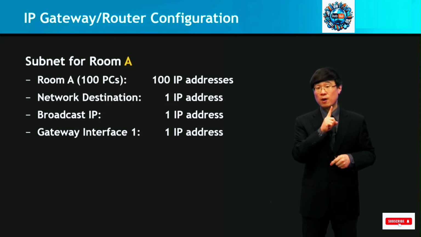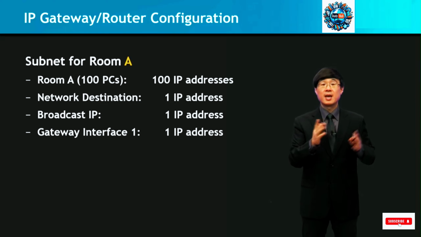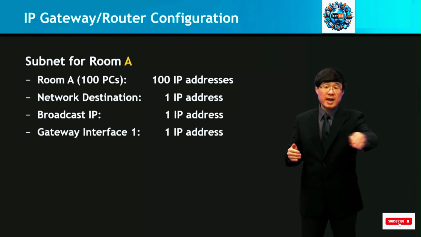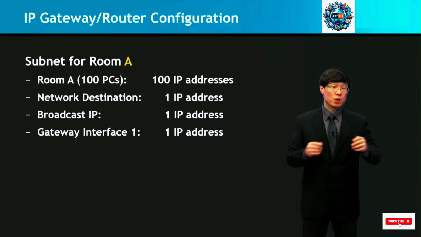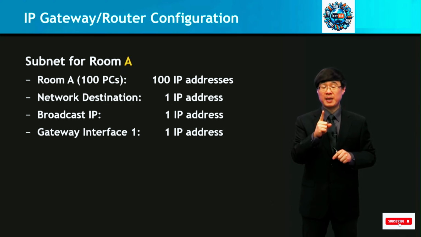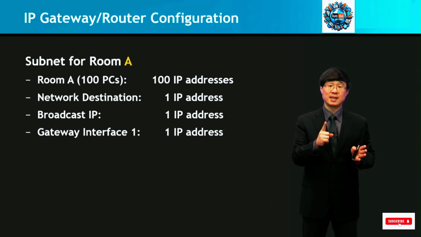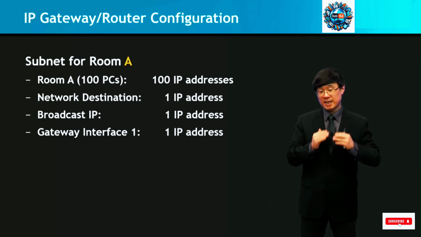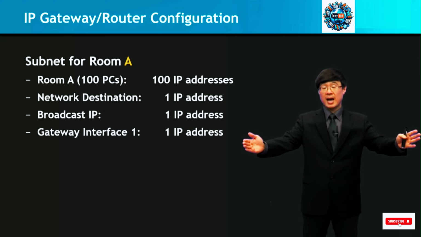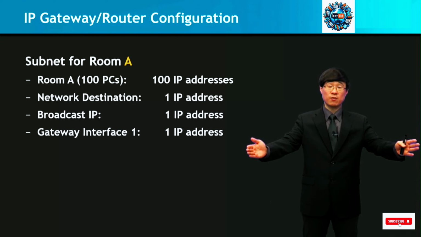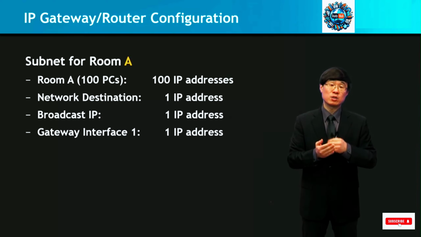So I need 1 IP address for that. I also need 1 IP address to be used for broadcasting. If I need to send a packet to all of the interfaces in the subnet for room A, then I need an address for that.